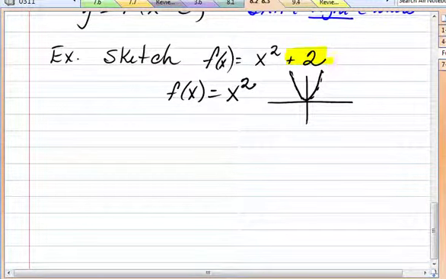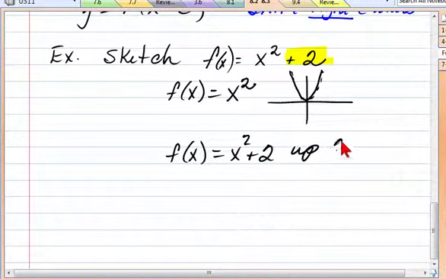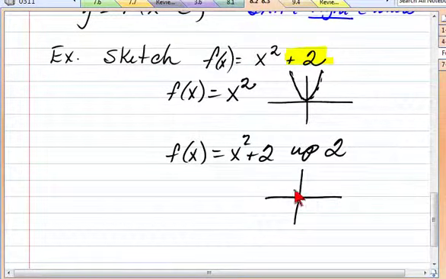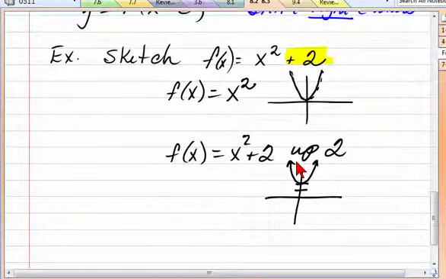So what will the graph of x squared plus 2 look like? Up 2. It says to go up 2. So the graph would look like somebody grabbed my U and simply moved it up 2 units.